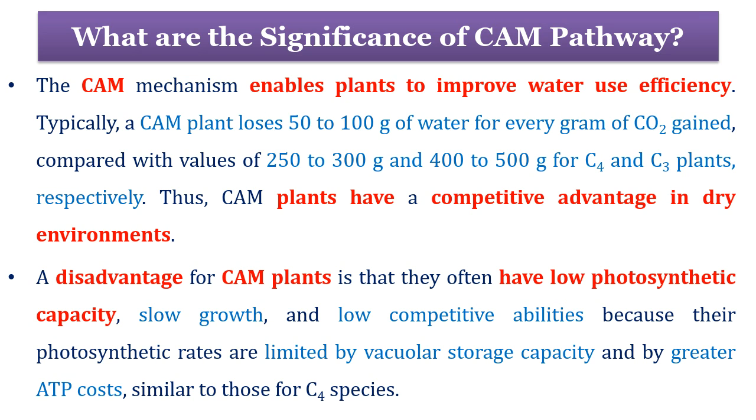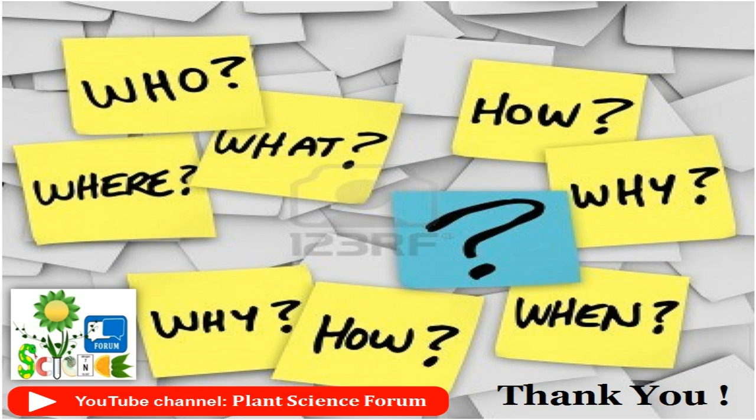Thus CAM plants have a competitive advantage in dry environments. The disadvantage of CAM plants is that they often have low photosynthetic capacity, slow growth, and low competitive ability because their photosynthetic rates are limited by the vacuolar storage capacity and by greater ATP cost, similar to what happens in C4 species.